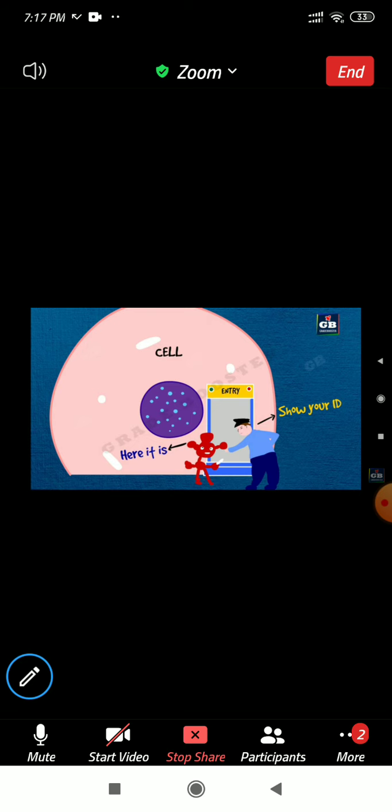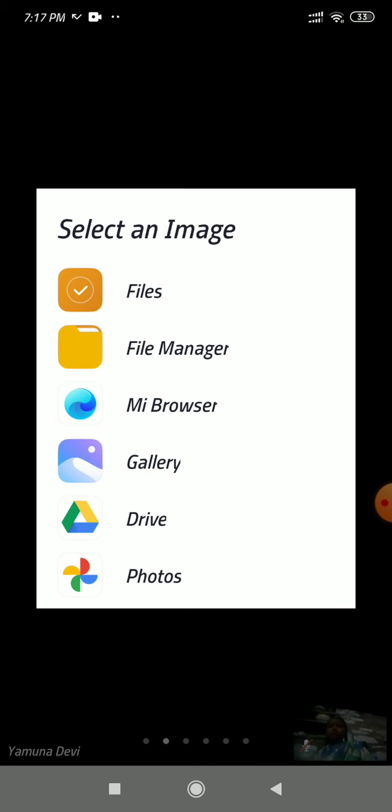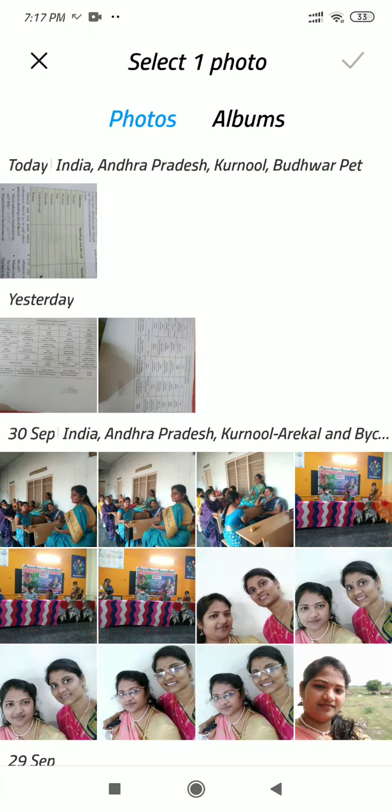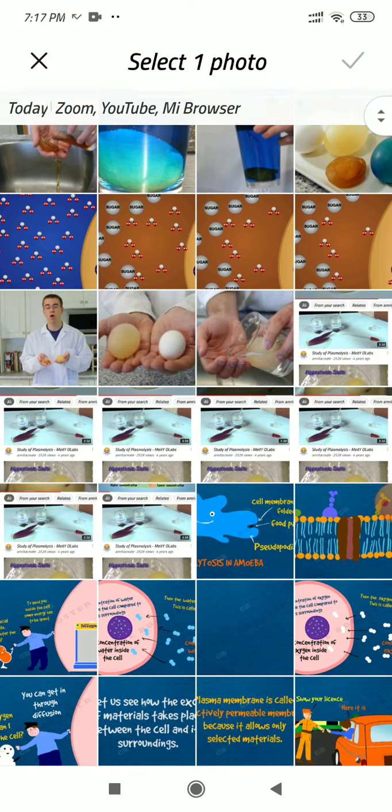One more picture I'll show you. By seeing this, you can understand the importance of the plasma membrane.